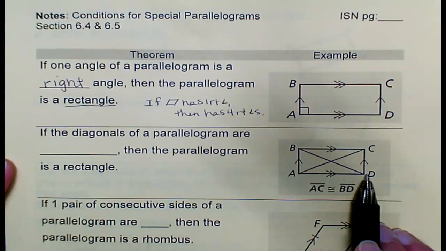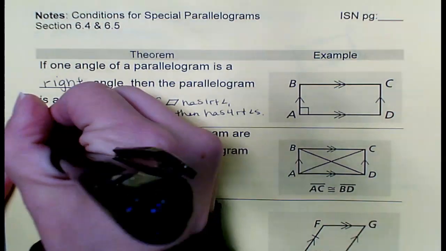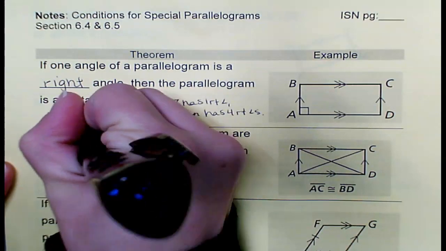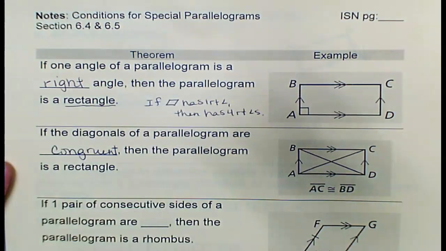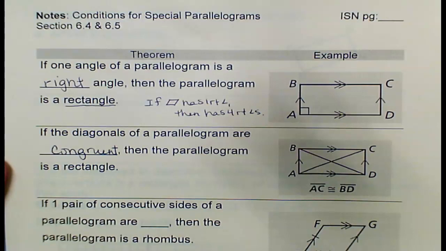So my diagonals of the parallelogram are congruent. Well, if my diagonals of the parallelogram are congruent, then my parallelogram must be a rectangle. So that's the converse of our special parallelograms theorem yesterday about rectangles.